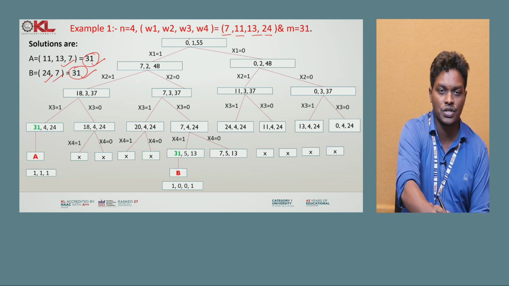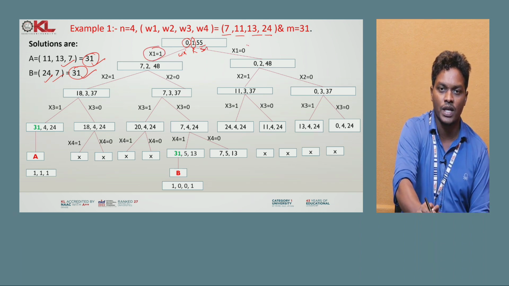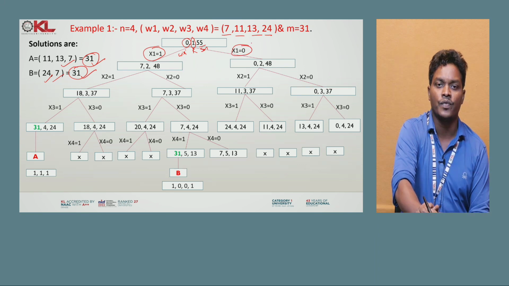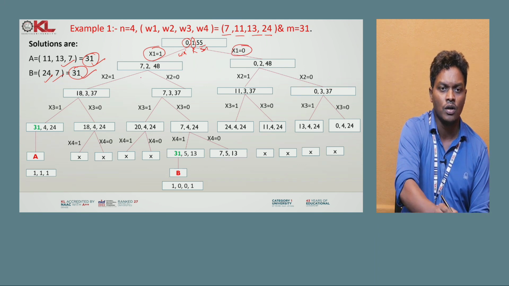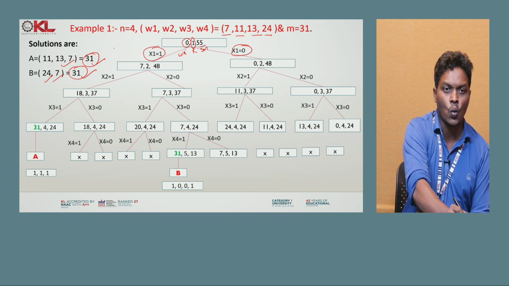First we will initialize the sum of wi xi to 0 and the k value to 1. So this is the k value, this is the wi xi, and this is the sum of wi xi. If x is equal to 1, the item is found; if x is equal to 0, the item is not found. So we will apply this bounding function. First, what is weight 1? Weight 1 is equal to 7.